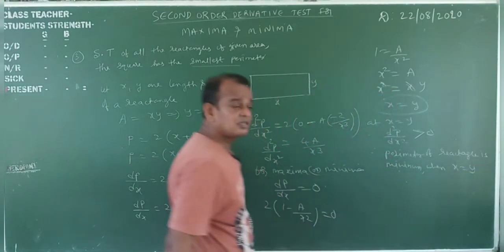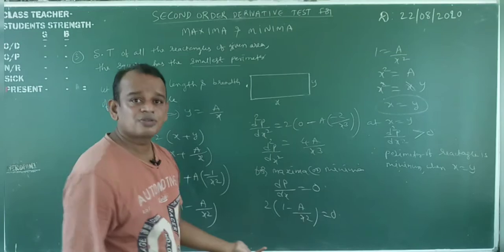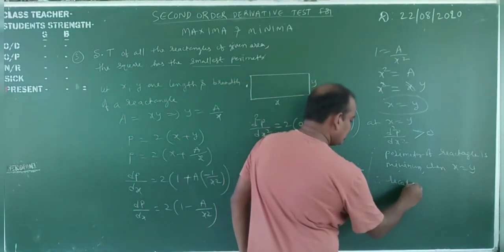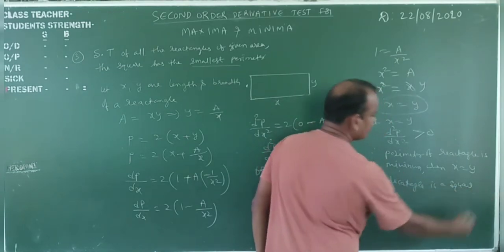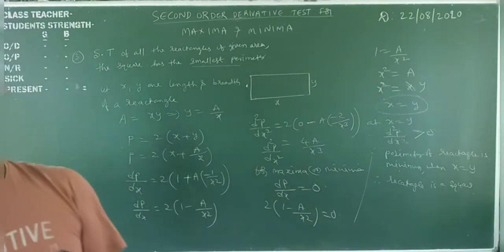X is equal to y means length is equal to breadth, therefore the rectangle is a square. You know that.